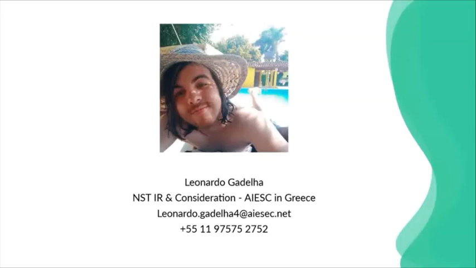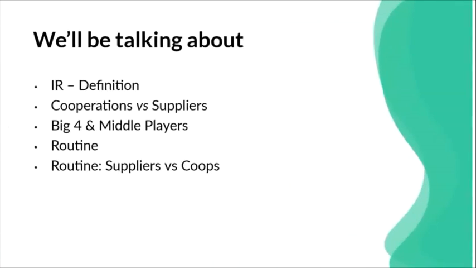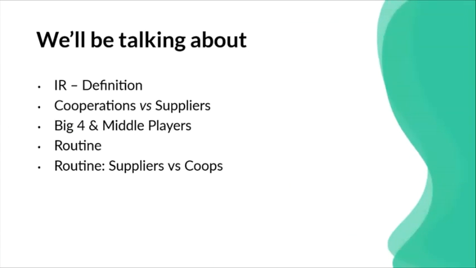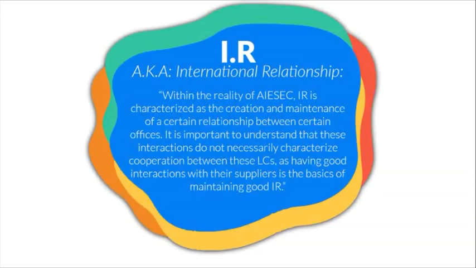Cool? So in this video, we'll be talking about IR and its definition, cooperation, the difference between corporations and suppliers, the definition about big four and middle players, routine for suppliers and corporations. IR is also known as international relationships or international relations, you guys can choose.